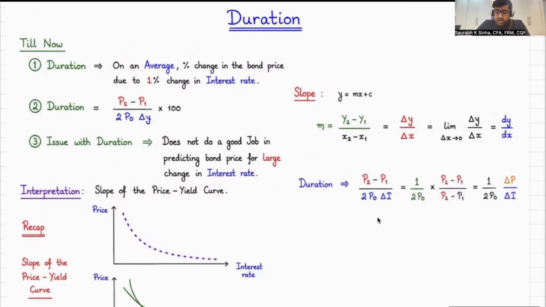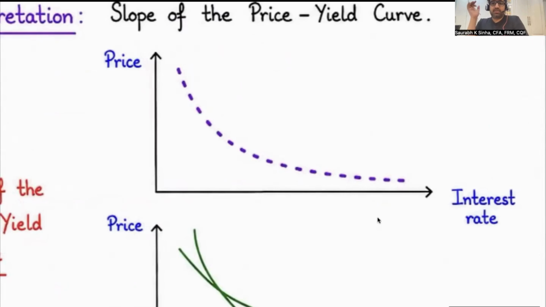But how? Before talking about whether duration is the slope of the price yield curve or not, let's recap what the price yield curve is. The price yield curve is the curve which represents the different prices of the bond for different interest rates in the market.